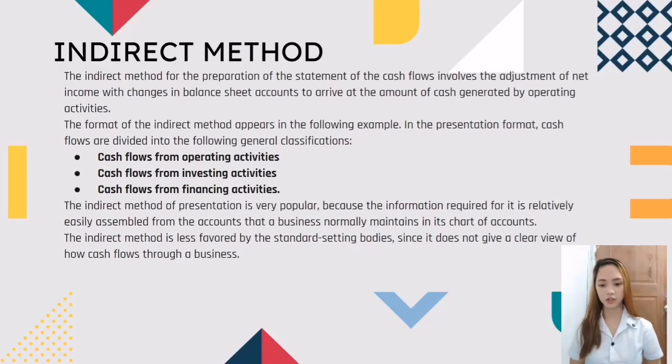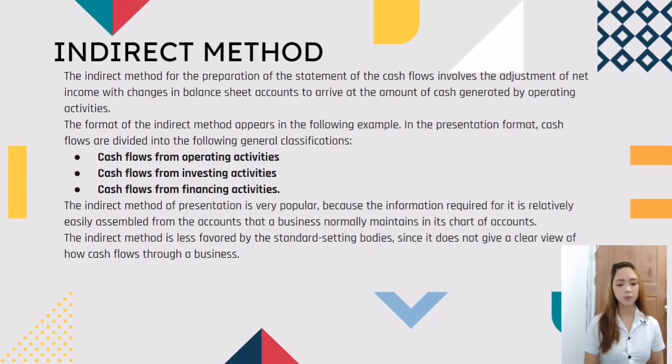What is the cash flow statement indirect method? The indirect method for the preparation of the statement of cash flow involves the adjustment of net income with changes in balance sheet accounts to arrive at the amount of cash generated by operating activities. The statement of cash flow is one of the components of a company's set of financial statements and is used to reveal the source and use of cash by a business.